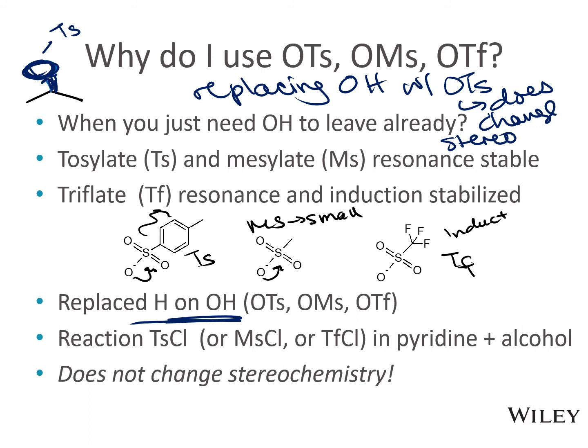Oftentimes when we do these reactions, you do them in pyridine with tosyl chloride, mesyl chloride, etc. So how we would do that is, let's say you take your alcohol, you would react it with the tosyl chloride, and the tosyl chloride just means that there was chlorine here instead of a negative charge on this oxygen. We'd oftentimes do this in pyridine, which we abbreviate as PY.